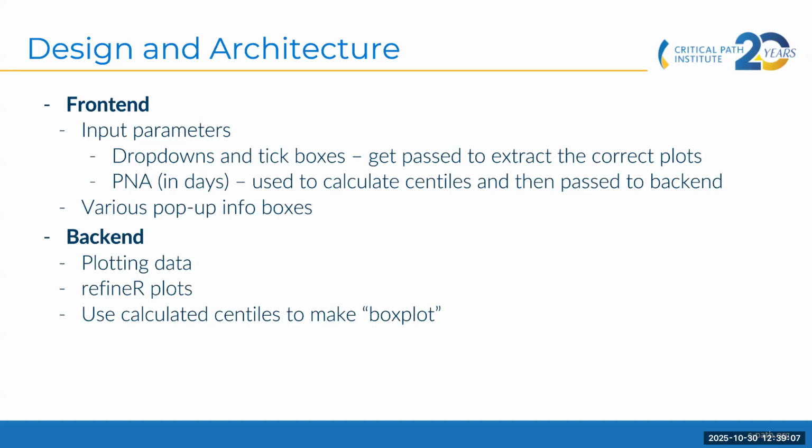Secondly, the other UI component, or input parameter, is the numeric integer value you put, which is the PNA in days, which is used to calculate and then generate the second plot that looks like a spectrum. And additionally, there are just a bunch of various pop-up info boxes that are also part of the front end.